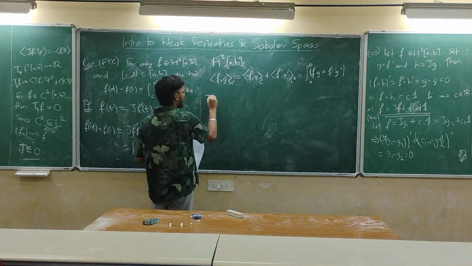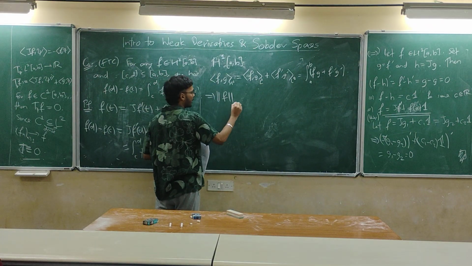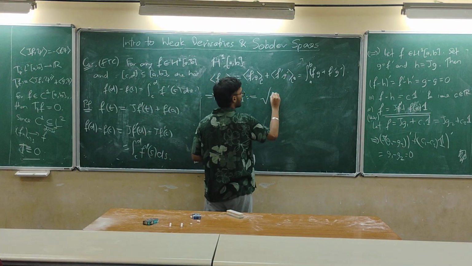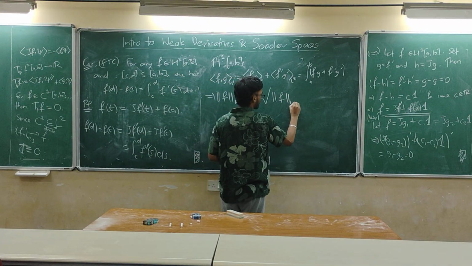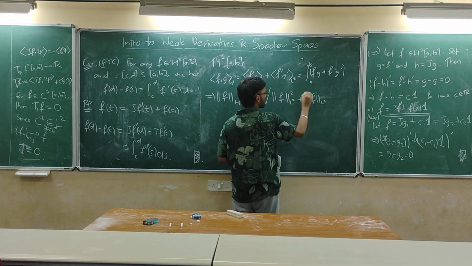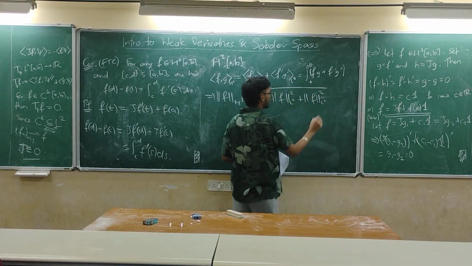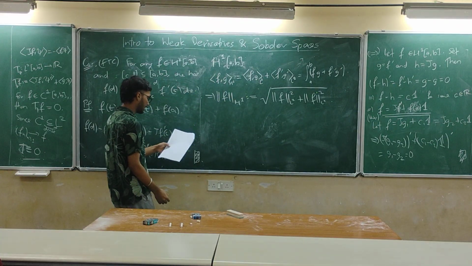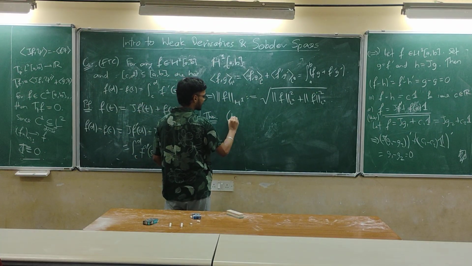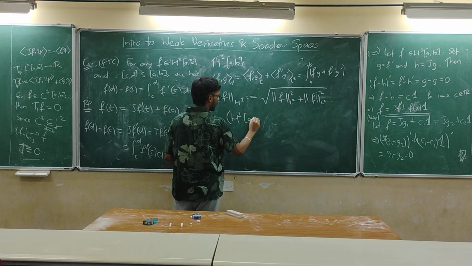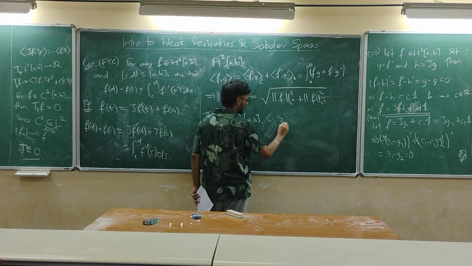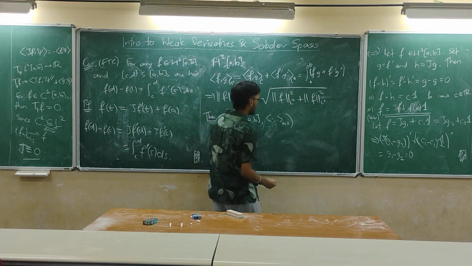And this induces the norm of a weakly differentiable function in H1 as the square root of the integral of f squared plus f prime squared. And the theorem is: this space H1 equipped with this inner product is a Hilbert space.